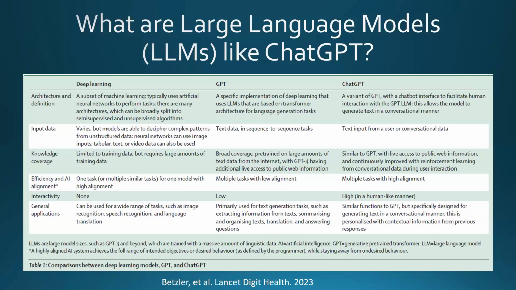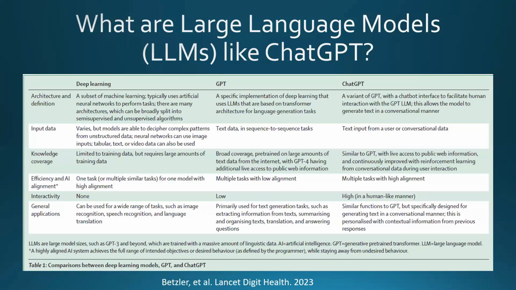There are different architectures. These are usually done either semi-supervised or unsupervised. There's GPT, which is a type of deep learning that uses large language models that are transformer based for language tasks. And then there's Chat GPT, which is a form of GPT that's more conversational.